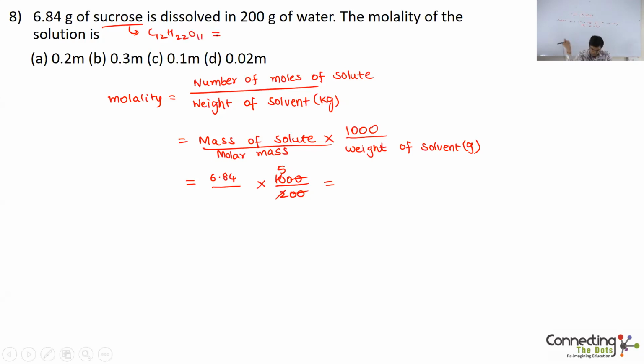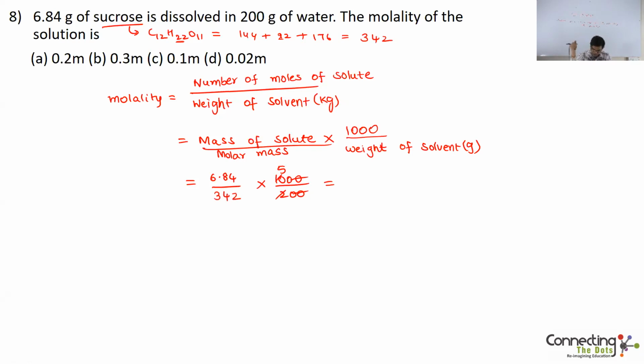So it will be 12 times 12. So 120 plus 24, 144 plus 12 plus 22, right? Because hydrogens are 22, and 11 times 16. So that will be the molar mass of oxygen. So it will be 11 times 16. I'm getting 176. So when you add them up, 176 plus 22 plus 144 is equal to 342. I'm getting 342. So that will be the molar mass of sucrose. So it will be by 342.